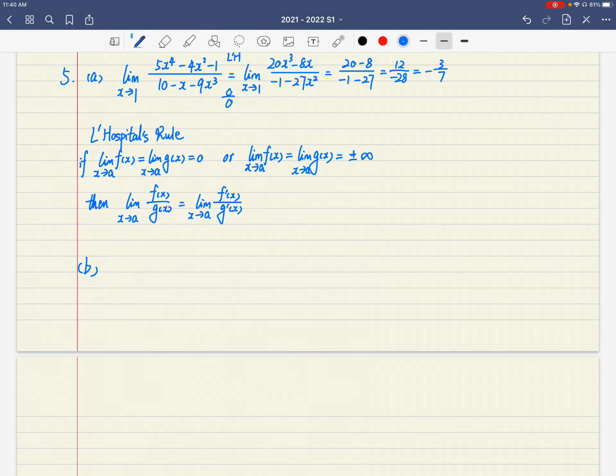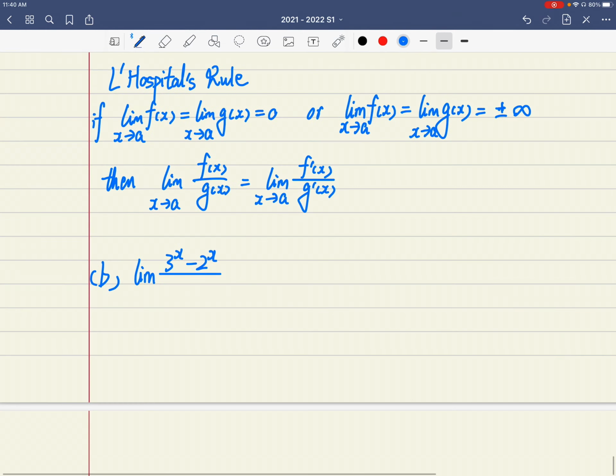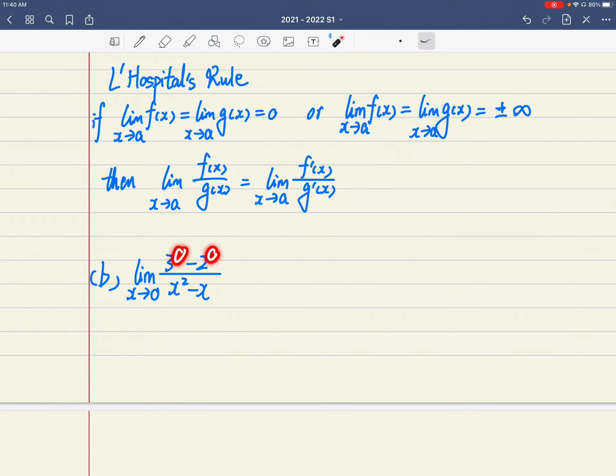In part B, it's the limit of 3 to the power of x minus 2 to the power of x over x squared minus x, when x is approaching 0. Again, try to do the substitution. When x is 0, the top is 1 minus 1 and the bottom is 0 squared minus 0. So it's a 0 over 0 case.